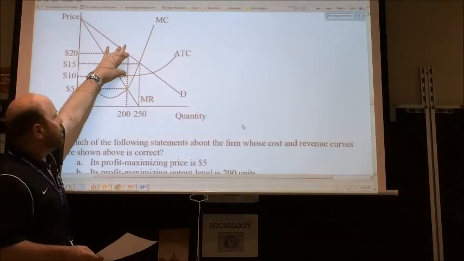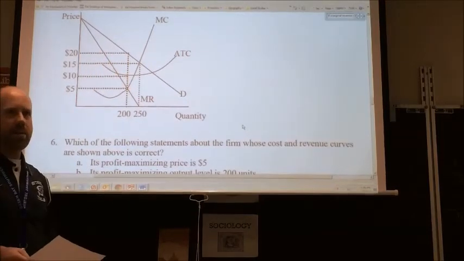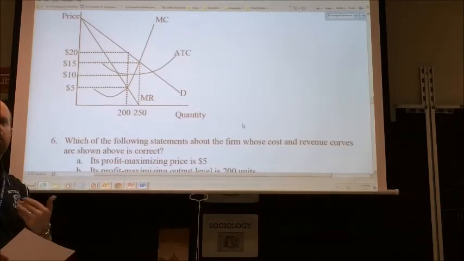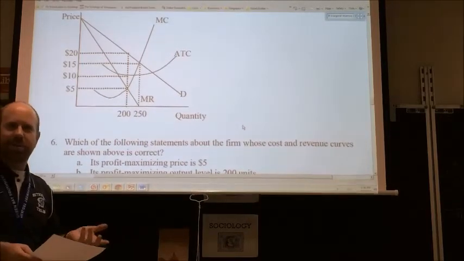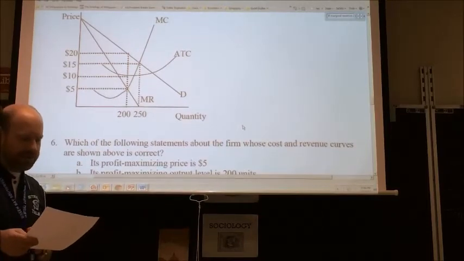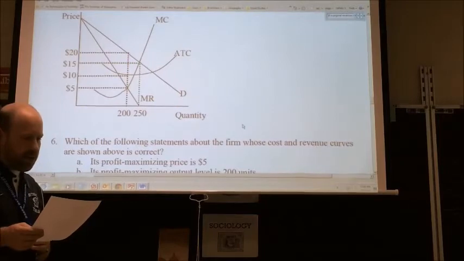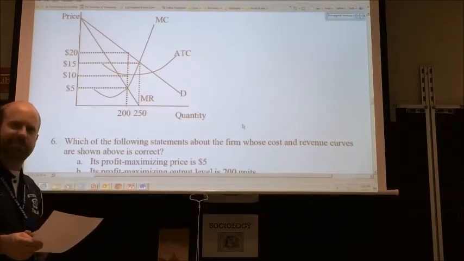If average total cost went through right there, there would be no economic profit. But there would still be that normal profit, your salary, your benefits, whatever you get out of being your own boss. So that's the problem with D. And E, the total cost is 1,000, that's completely off.